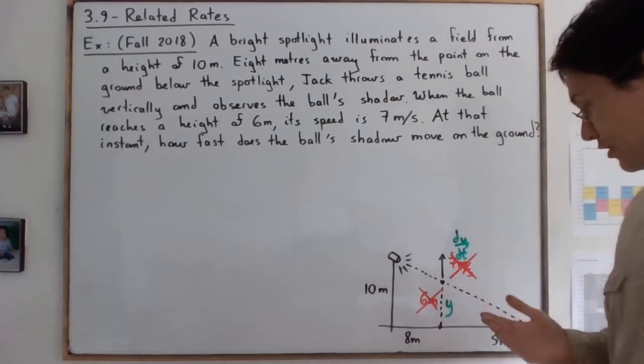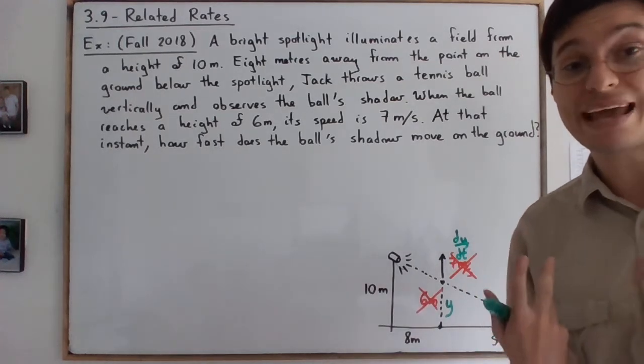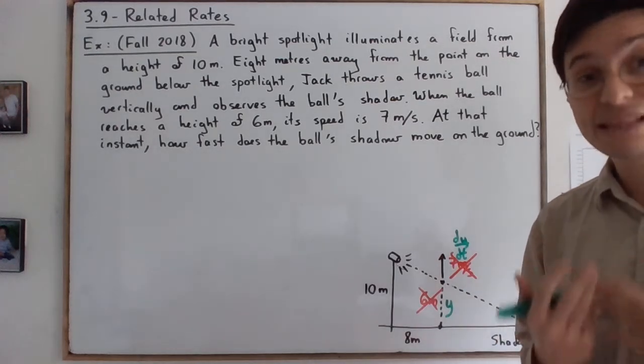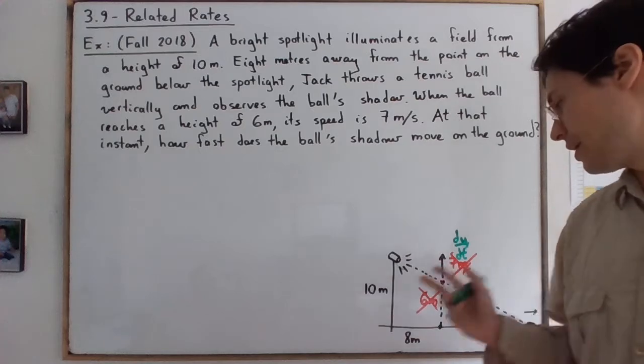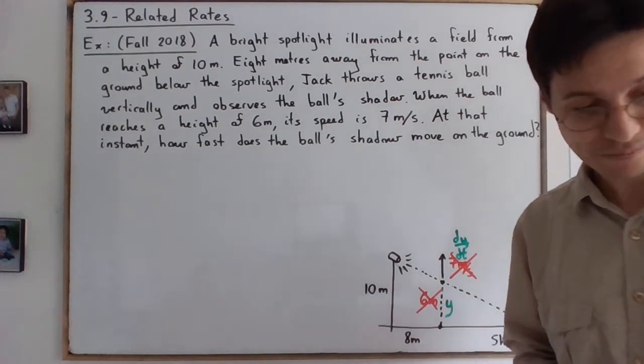In other words, we're going to replace it by 7 meters per second only at the very end, when we find the related rate between y and x.